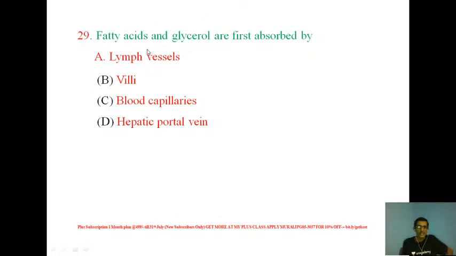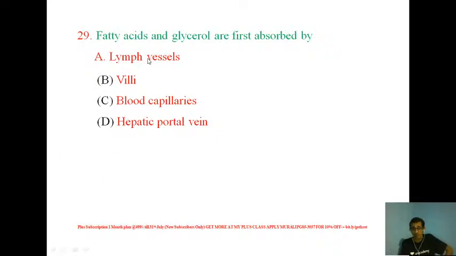Then, fatty acids and glycerol are first absorbed by: lymph vessels, villi, blood capillaries, hepatic portal vein. So fatty acid and glycerol are going to be absorbed in the lymph vessel of the small intestine.